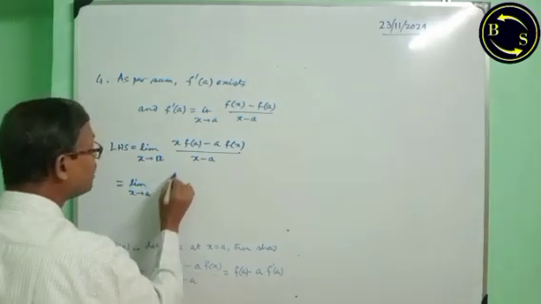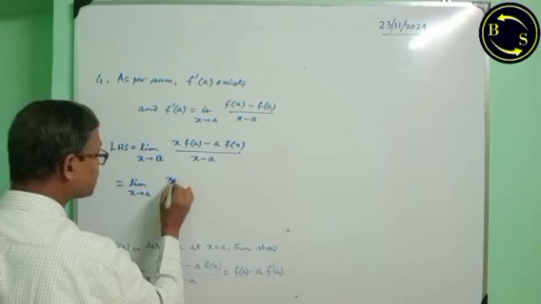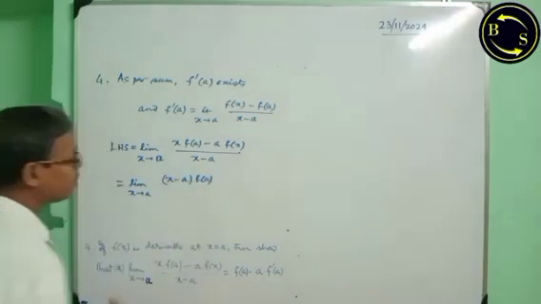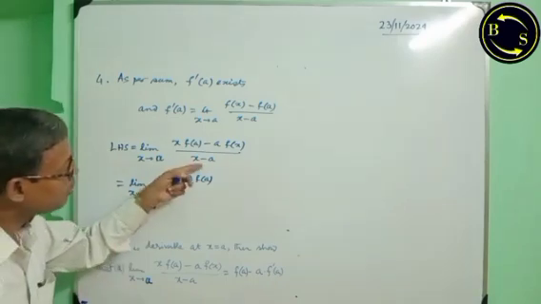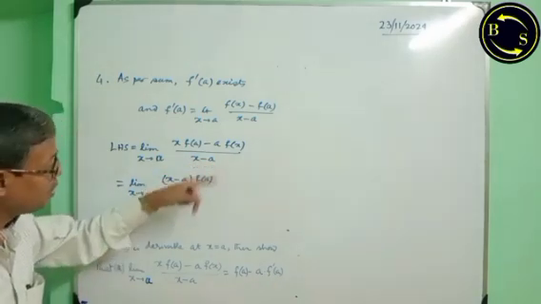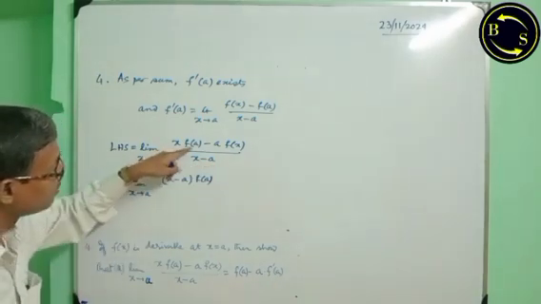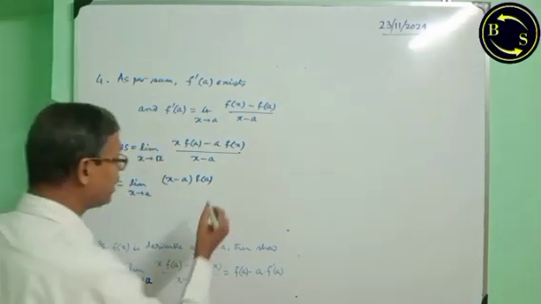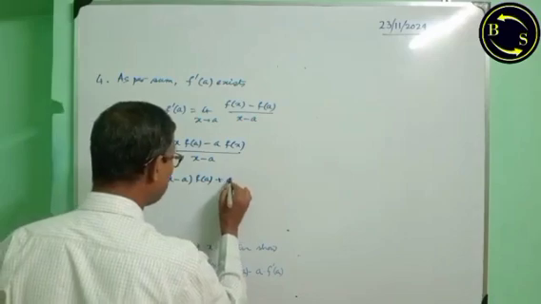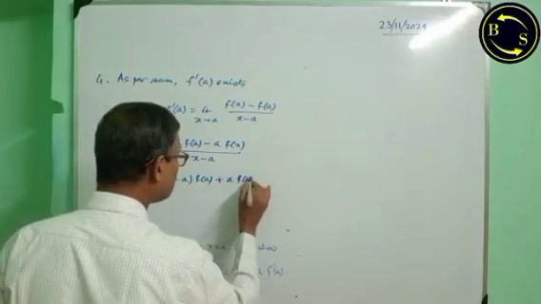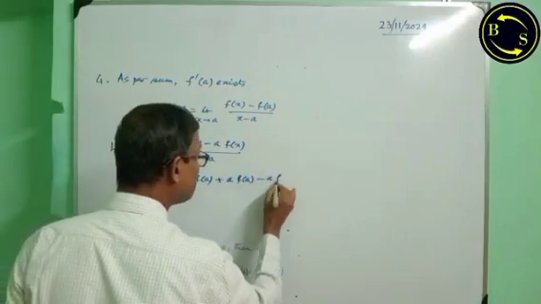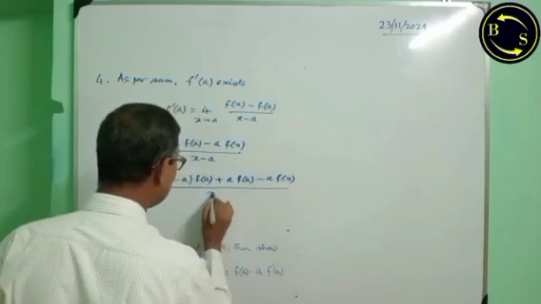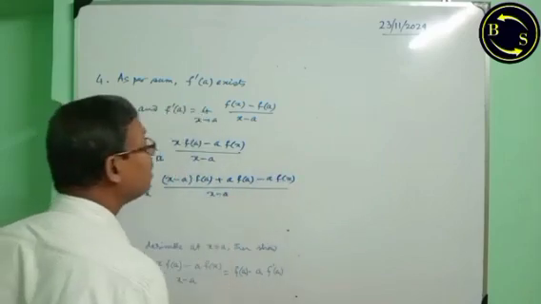Now I write this expression like this: (x minus a) whole into f a. Actually the denominator is x minus a. Keeping that in mind, I have written this first part like this. Now a f a is written in excess. For balancing it will be plus a f a minus a f x, the whole divided by x minus a.